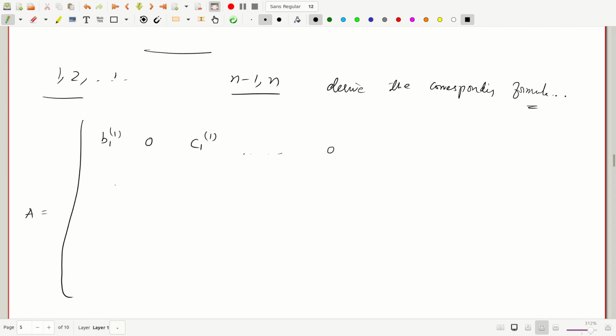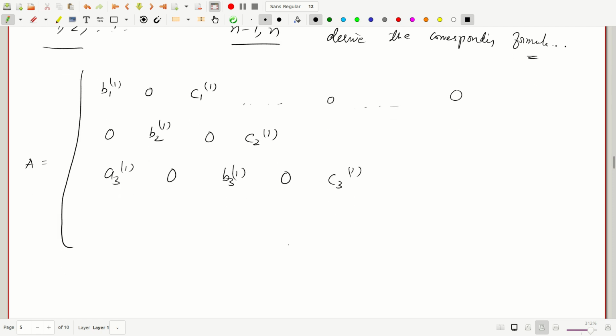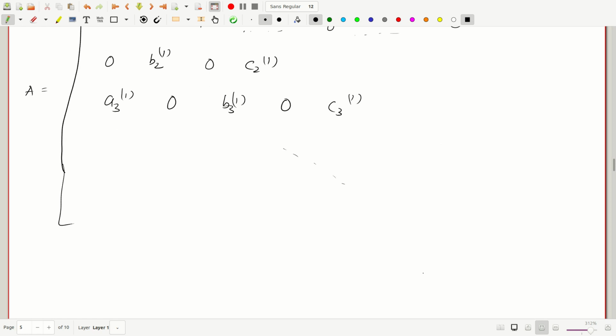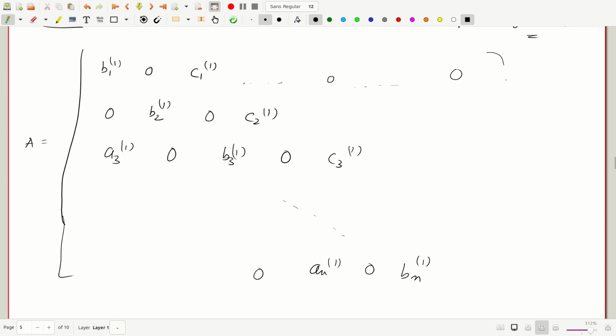And then you have 0, b_2^1, 0, c_2^1, right? And then in the third row you have a_3^1, 0, b_3^1, 0, c_3^1. I think you're getting an idea of how it will be, right? So all the way like this, and then as you go down, the final equation will contain a_n^1, 0, b_n^1, and everything else is 0, okay?